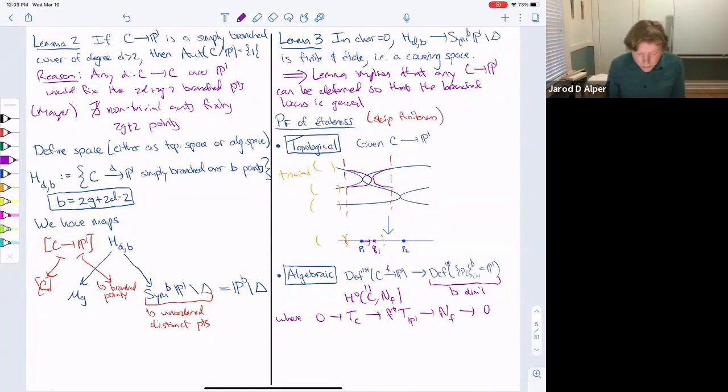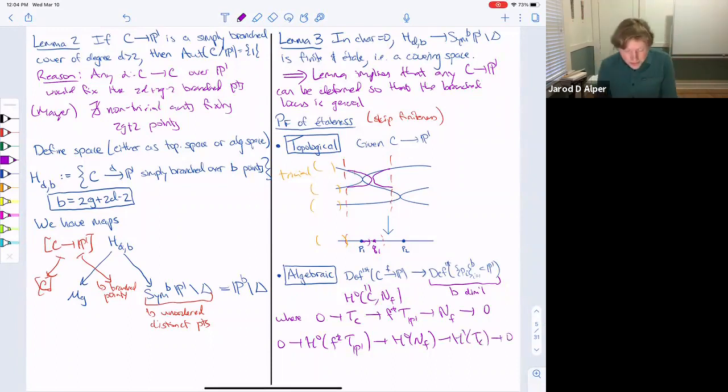To get at the dimension of this vector space, I look at the corresponding long exact sequence, and H0 of T_C vanishes because the genus is greater than 1. So this induces a short exact sequence of vector spaces from H0 of the pullback of T_P1 to H0 of N_F to H1 of T_C.